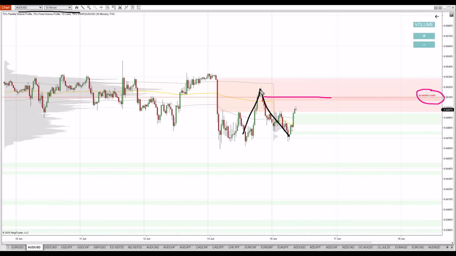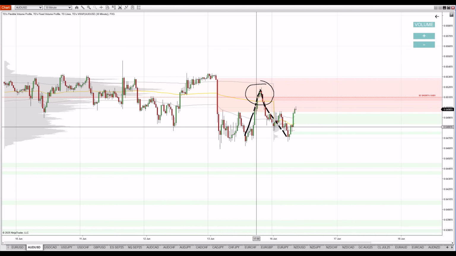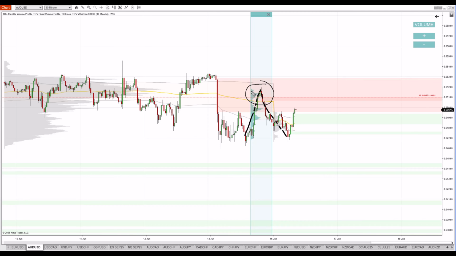This is the rejection. Now a rejection means that the price goes one way, then suddenly turns and goes the other way. It needs to be sudden, it needs to be aggressive, right? And within the rejection, somewhere around the place where the price turned, you need to see a significant volume cluster, like this one. See?